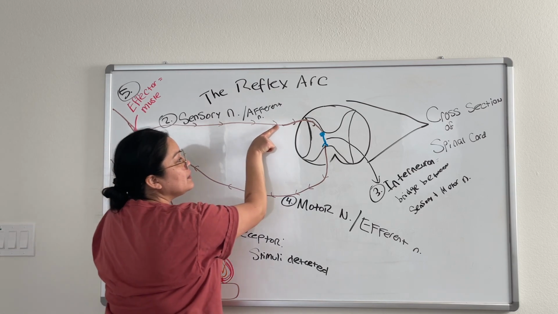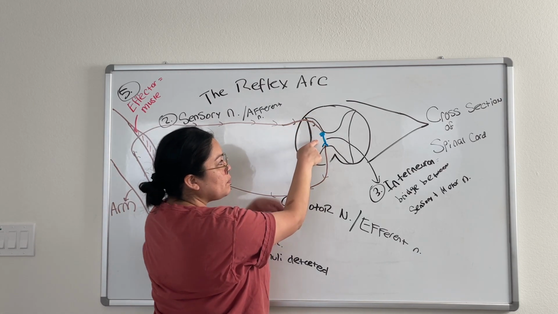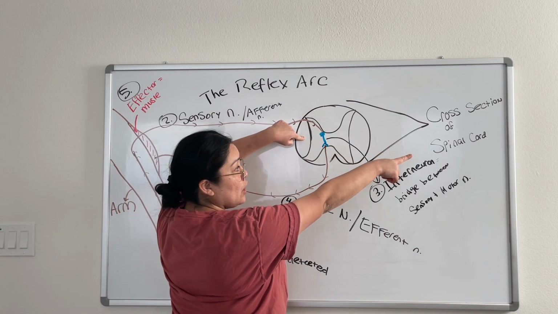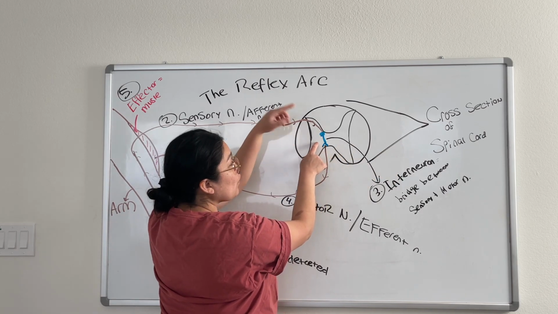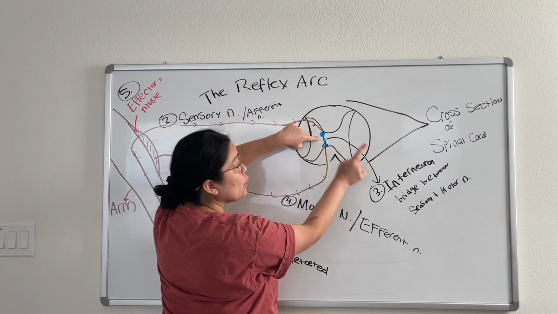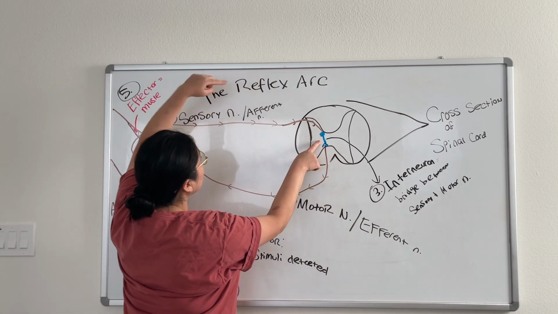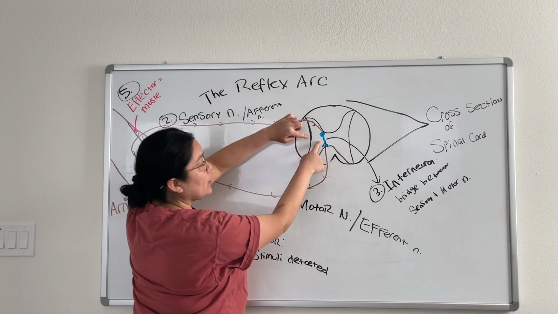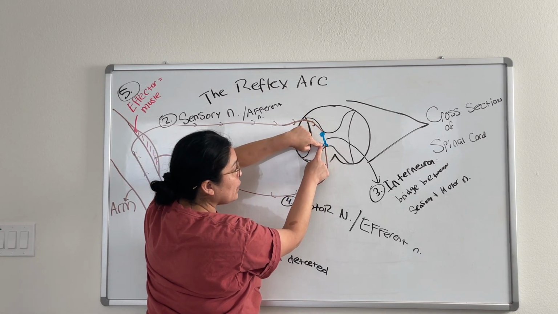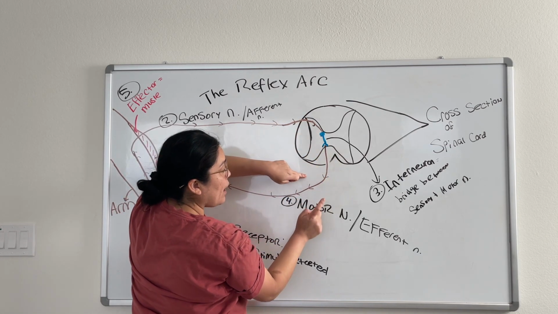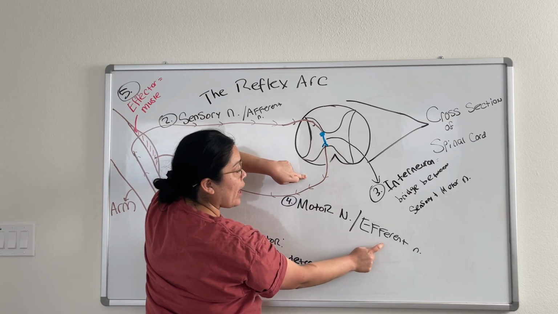It's going to go into your CNS, specifically, here we're looking at the spinal cord, right? Within here, it's going to reach your interneuron, which is a bridge between the sensory and the motor neuron. It's going to go past the bridge, and then it's going to come out with the motor or efferent neuron.